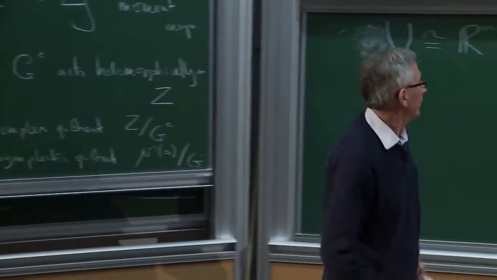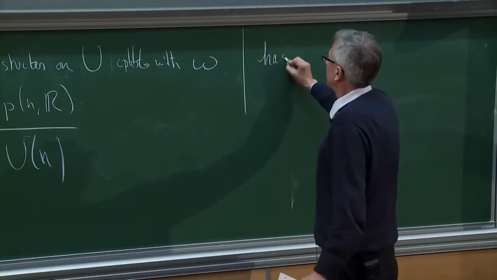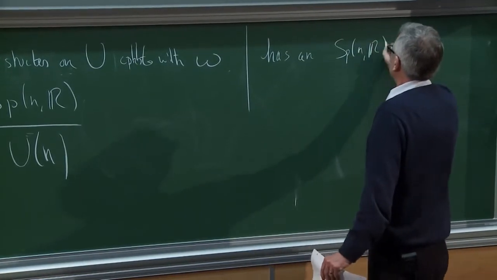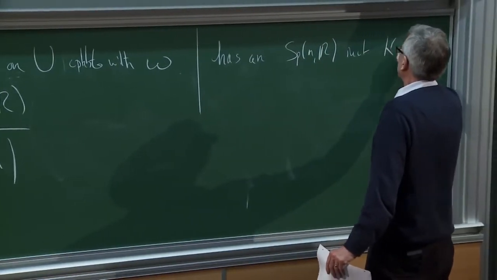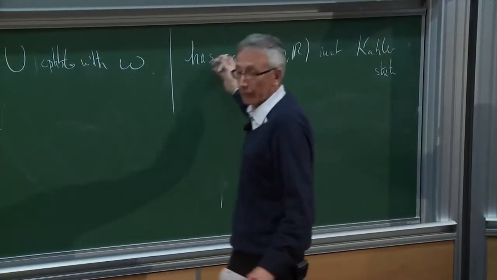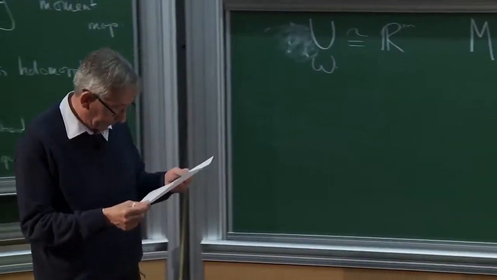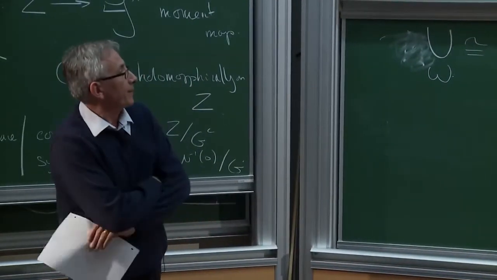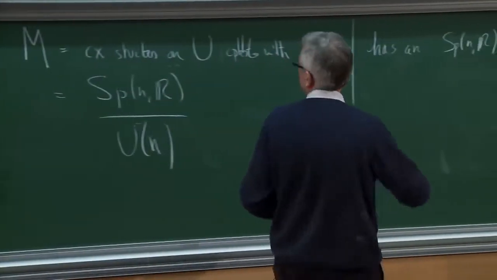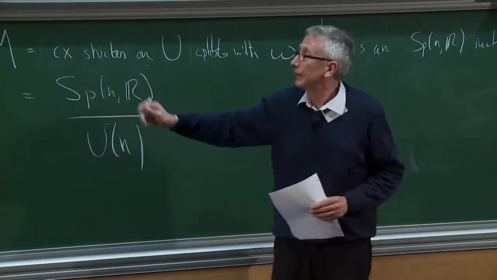All we want to say for the moment is that this homogeneous space has an Sp(n)-invariant Kähler structure, the structure of a complex Kähler manifold. In a few minutes, we'll come back to review more specifically how one can write this down.